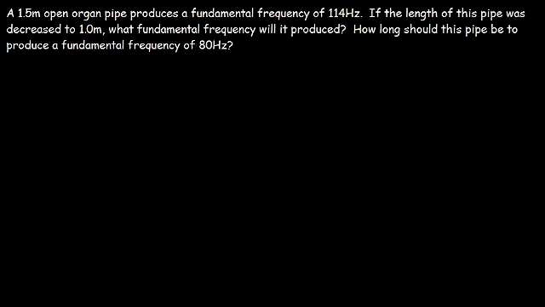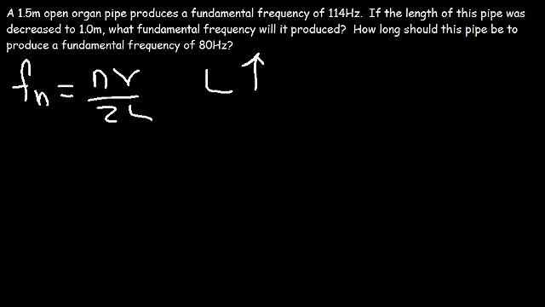A 1.5 meter open organ pipe produces a fundamental frequency of 114 Hz. If the length of this pipe was decreased to 1 meter, what fundamental frequency will it produce? So for an open organ pipe, we know the fundamental frequency is nV divided by 2L. So because L is in the bottom of the equation, L and the frequency are inversely related.